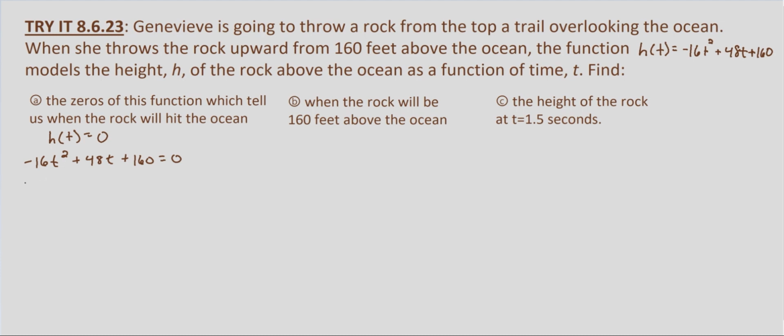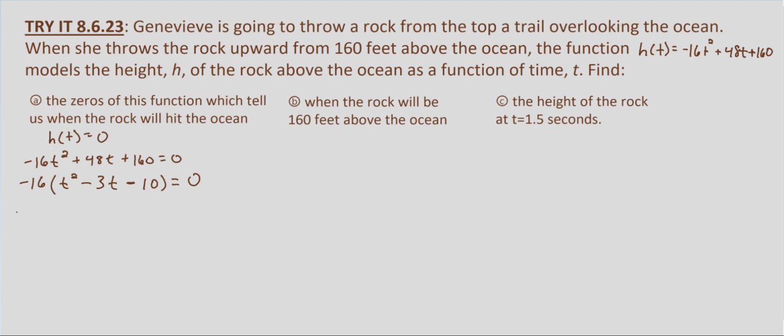So negative 16 times t² minus, we change the sign because we factored out the negative, 16 times 3 is 48, so minus 3t. And then again, the plus becomes a minus because we factored out a negative, and 16 times 10 equals 160. We set that equal to 0.